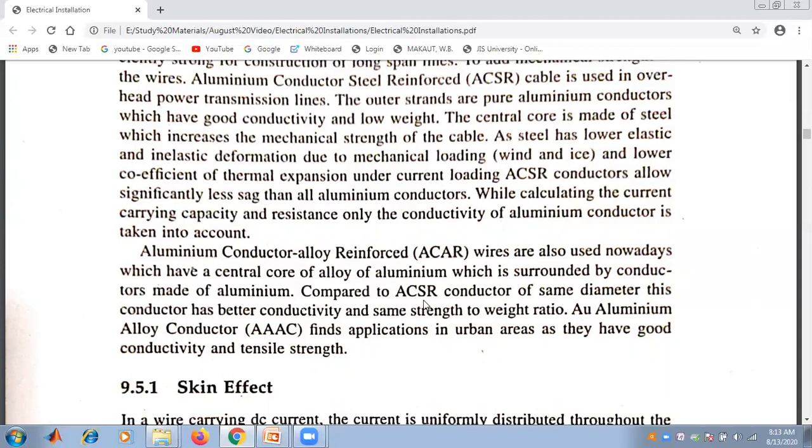Compared to an ACSR conductor of the same diameter, this conductor has better conductivity and the same strength to weight ratio.